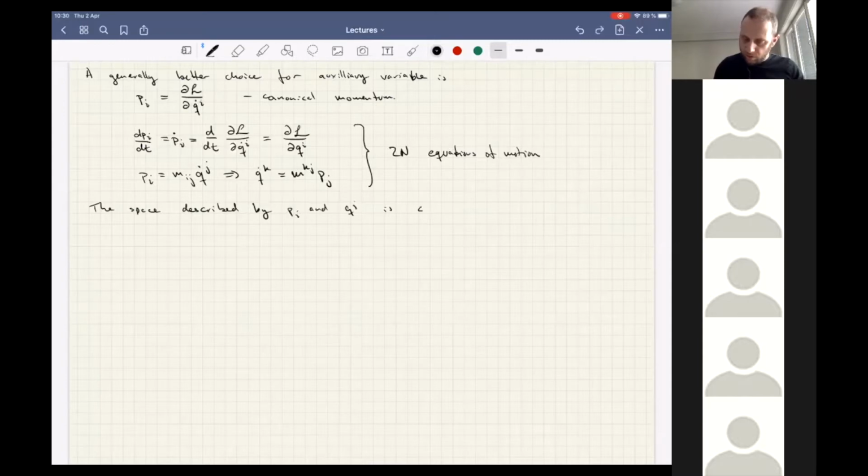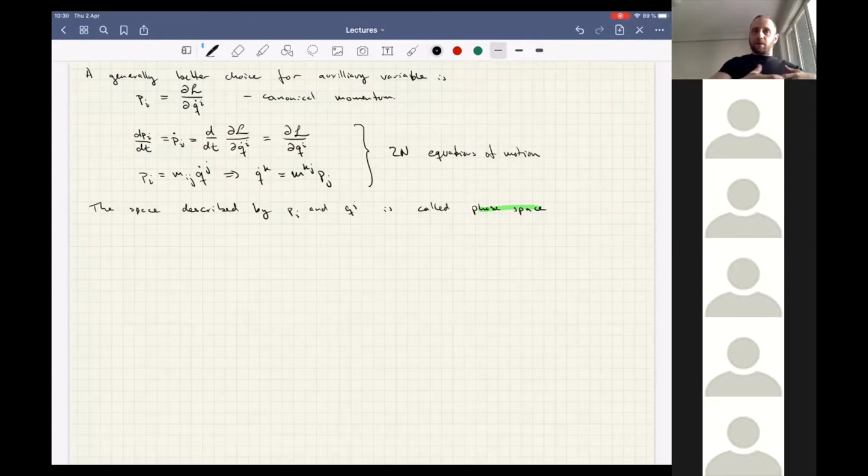So again, where the configuration space describes how a system looks at a particular moment, phase space describes both how the system looks and how it's moving at that particular moment in time.